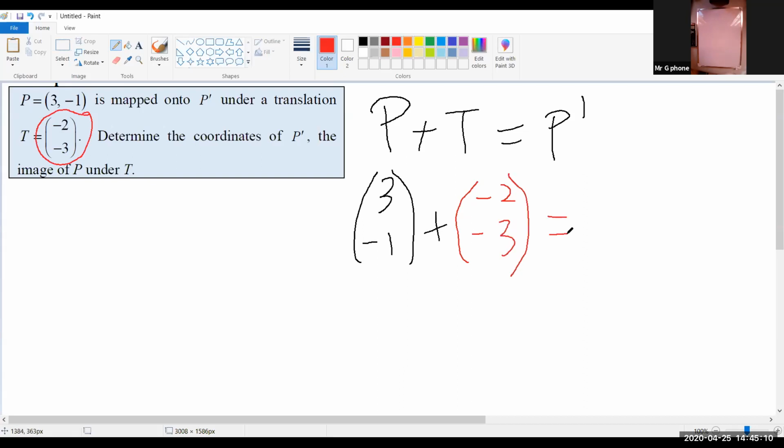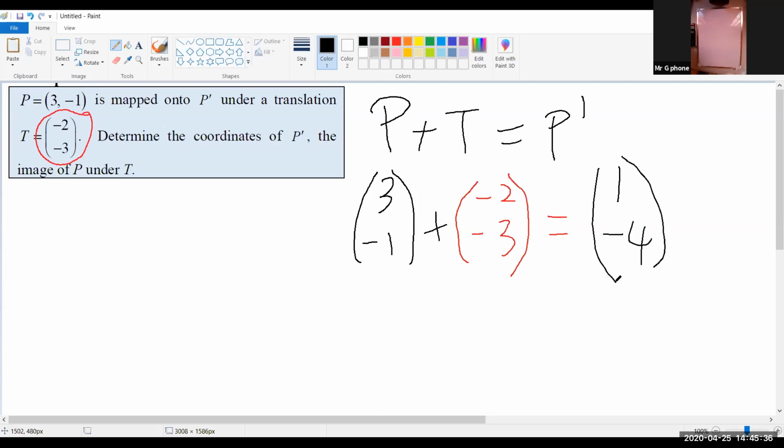So 3 plus -2, a plus and a minus gives us a minus, so 3 take away 2 is 1, and -1 plus -3, a plus and a minus is a minus. So -1 minus 3 is -4.